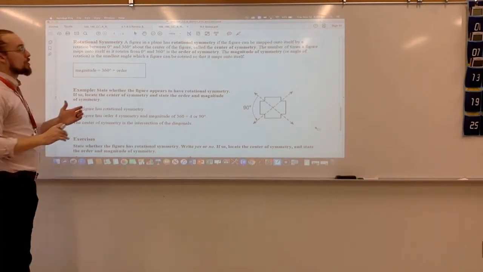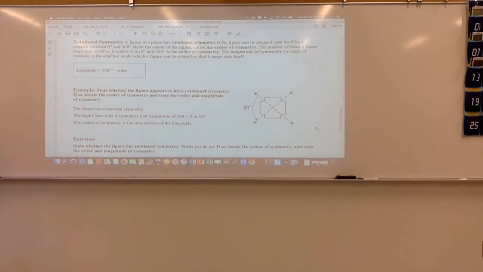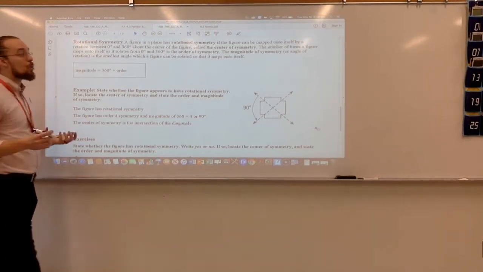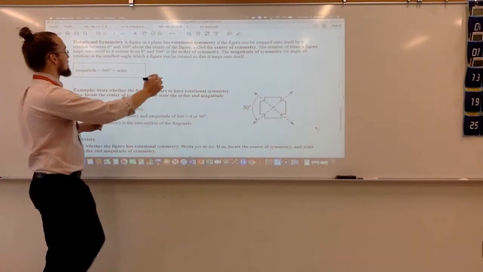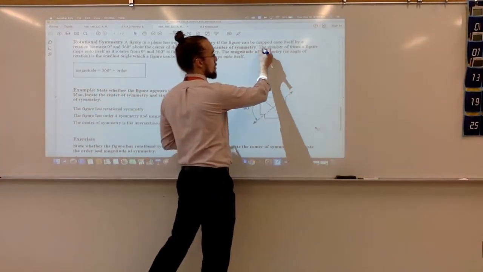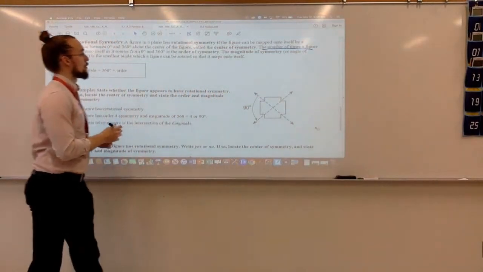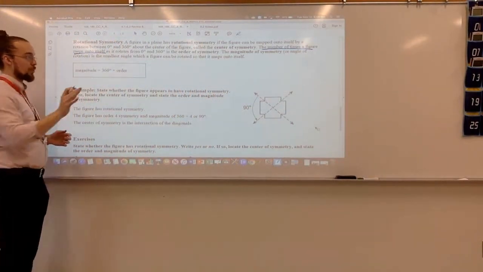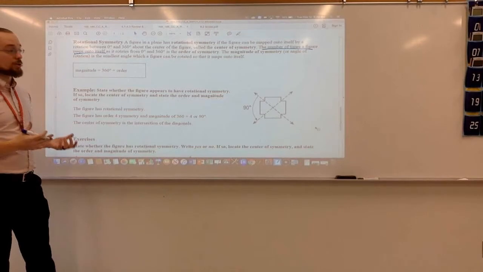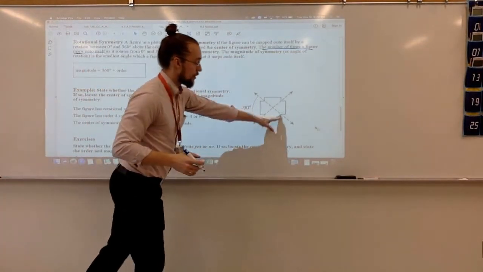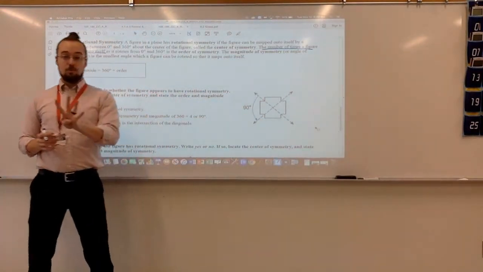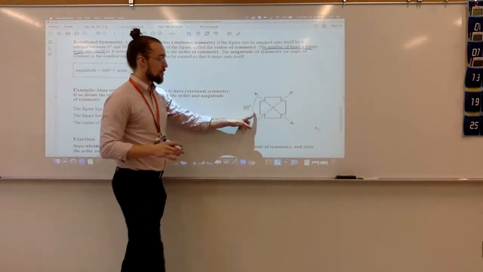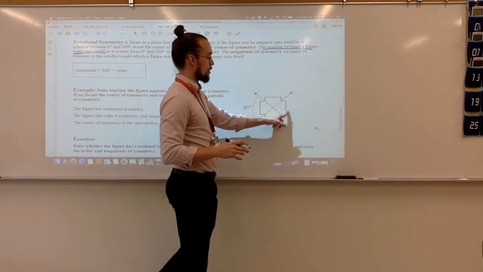So we want to determine not only yes or no, does it have rotational symmetry, but the order and the magnitude. The order is the number of times a figure can map onto itself when we rotate it. So for this figure, we could do that 4 times, because it has these same 4 things around the edge.